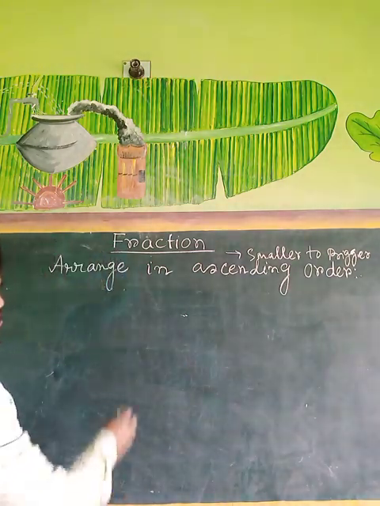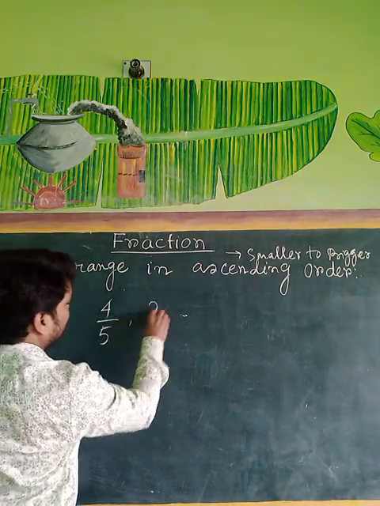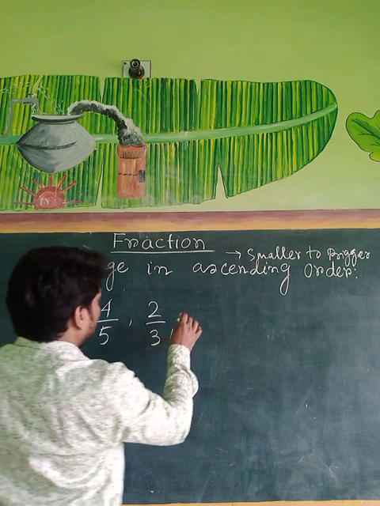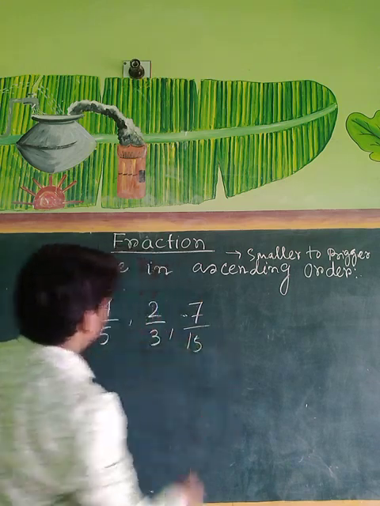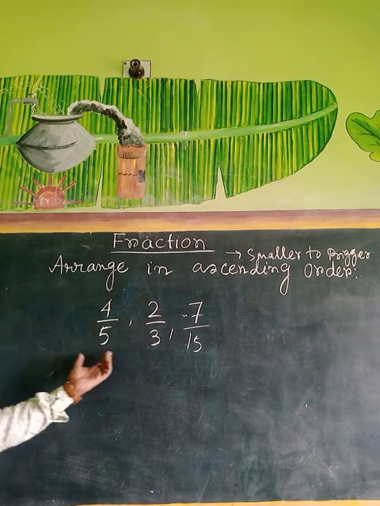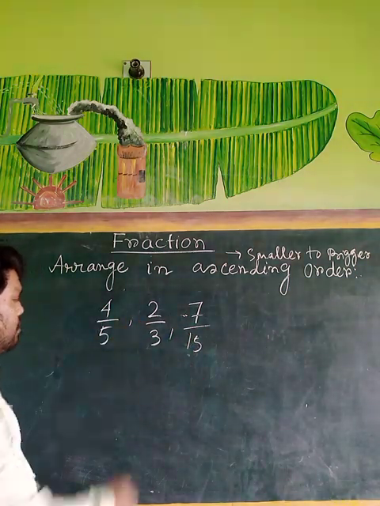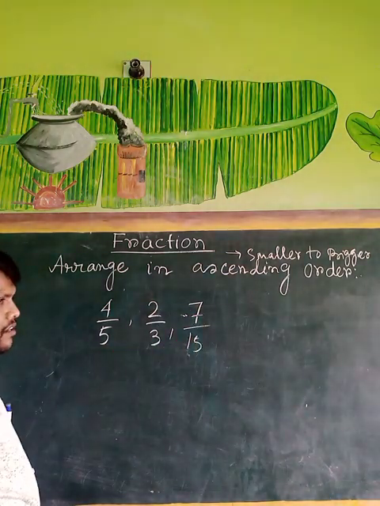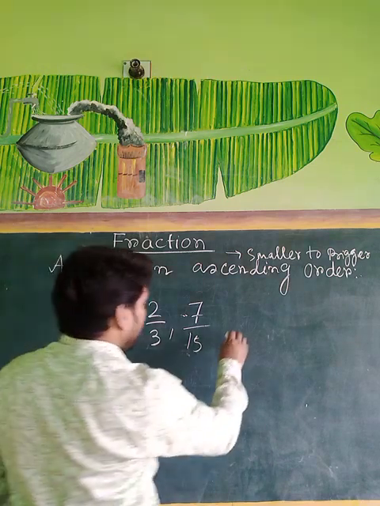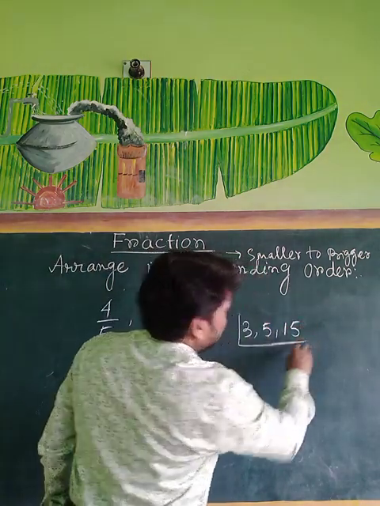Okay. I am giving another example. Suppose 4 by 5, 2 by 3, 7 by 15. Now all these fractions have unlike denominators. Okay, so first find the LCM of the denominators.